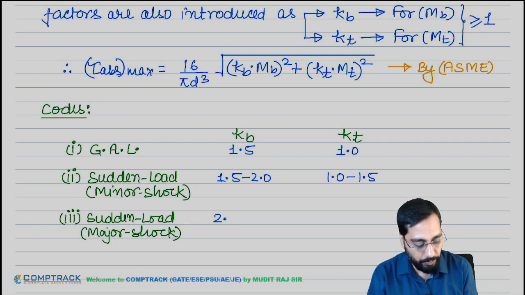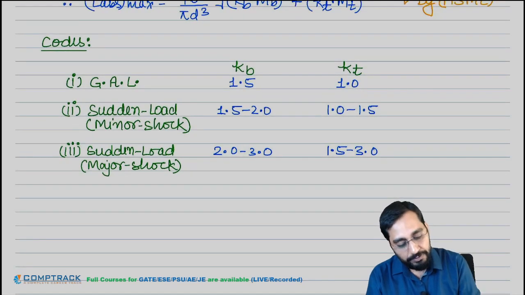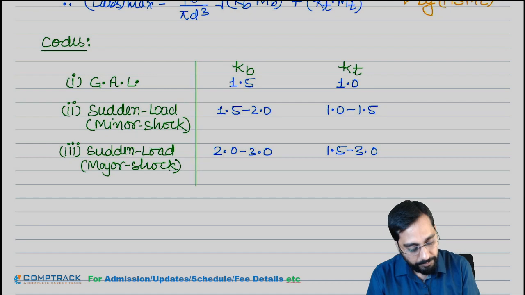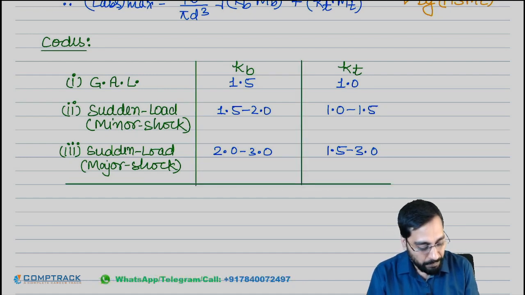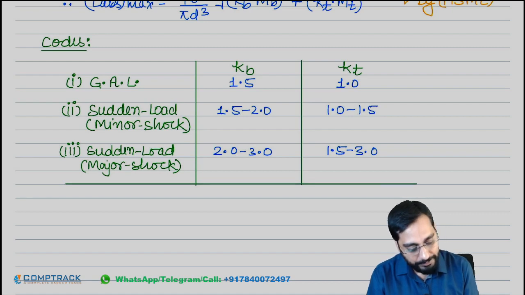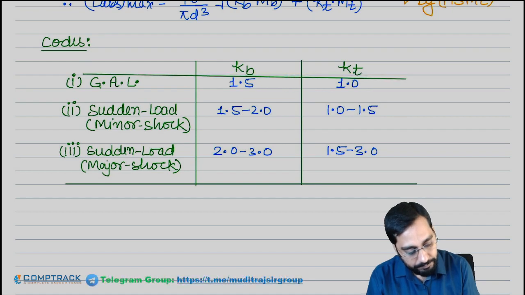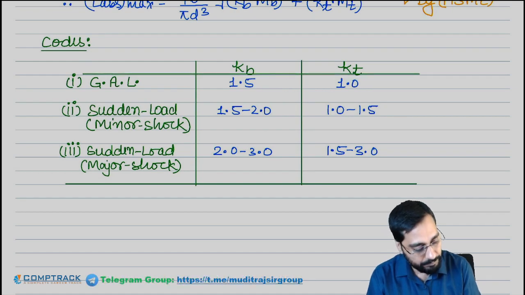Here 2.0 to 3 and here 1.5 to 3.0. These are the values for Kb and Kt.